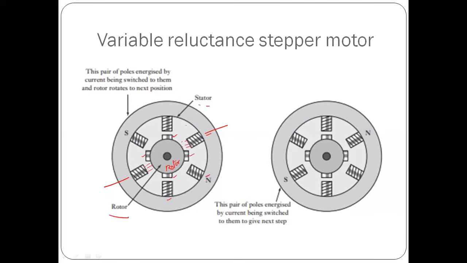Usually, magnetic lines of force tend to take the shortest path. So it will not come like this; instead it will take the shortest path. It will attract this tooth here, and similarly this tooth here, so that it can pass like this. When it attracts, obviously the rotor is going to rotate in this direction.